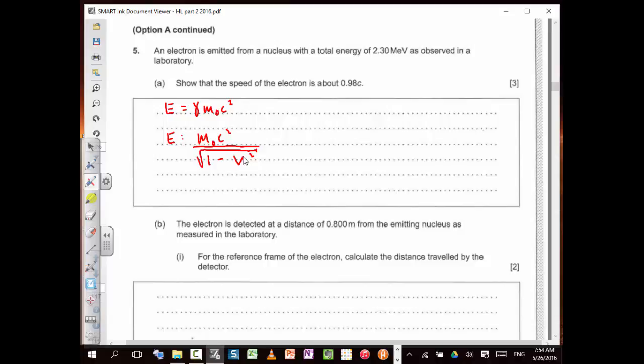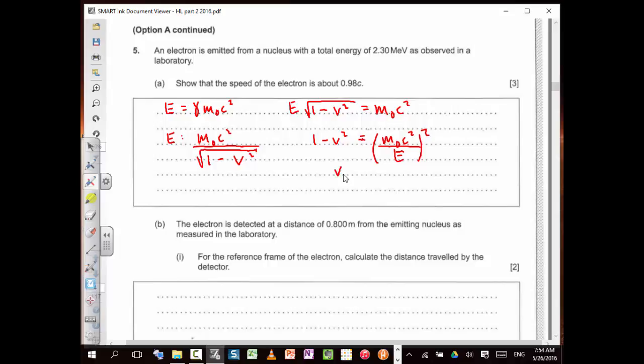Okay, so if we just rearrange this for v, I'm going to do this in a few steps. E times the square root of 1 minus v squared is equal to m naught c squared. So 1 minus v squared is going to be equal to m naught c squared over E, all squared.